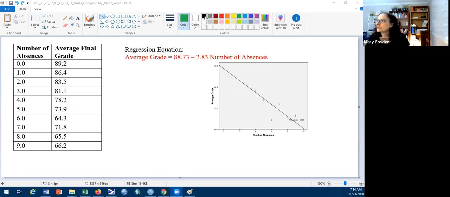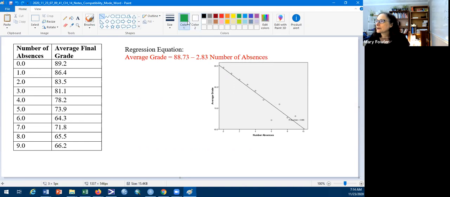Okay, so I'm going to choose black here. And over here, we actually see that it's 71.8, but I want to show it graphically. So I'm going to go straight across here.